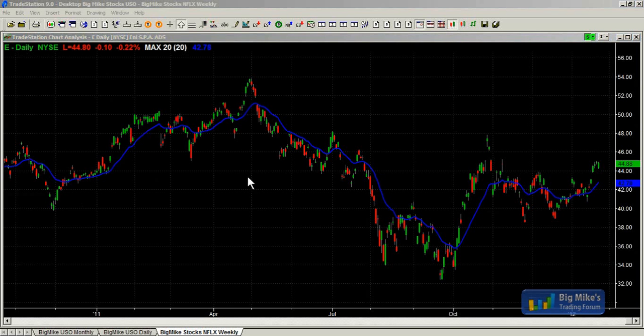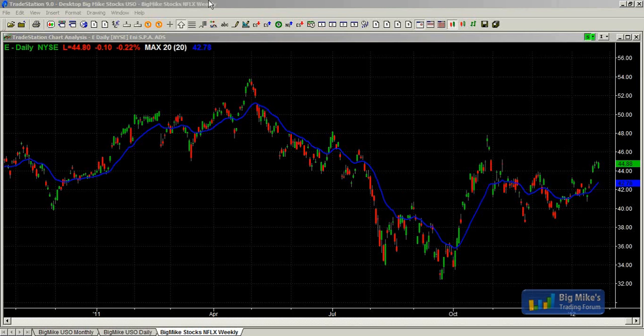General Electric, strong bear sell-off starting in May, and then we had a strong bull spike up near the top of the channel, and then a pullback to a higher low. So this is probably a higher low major trend reversal.